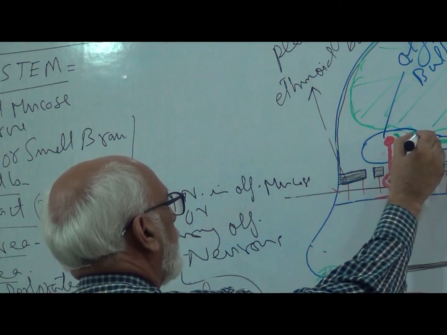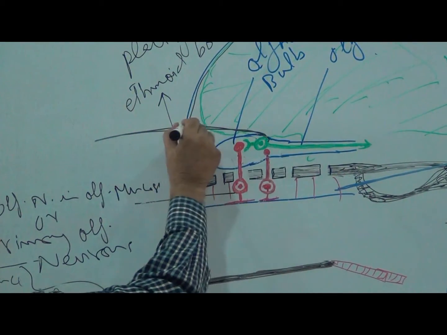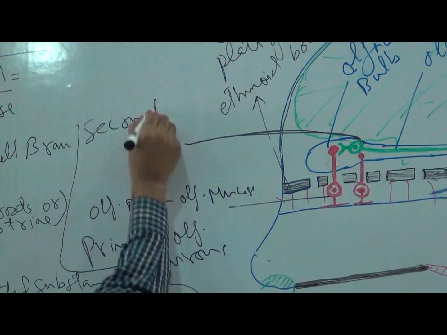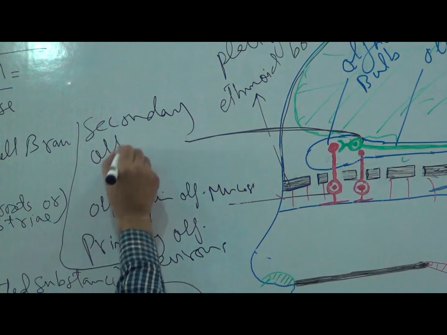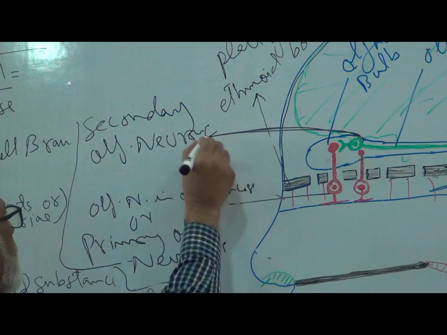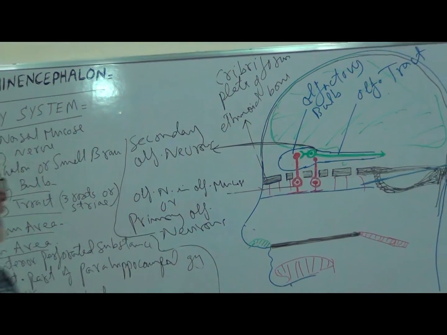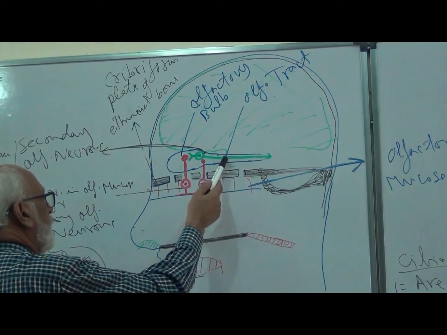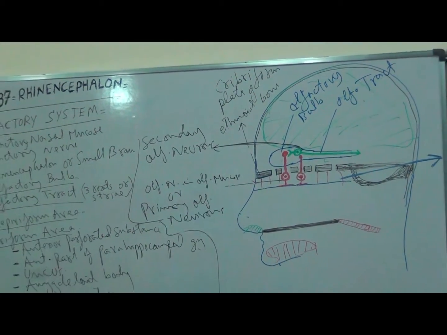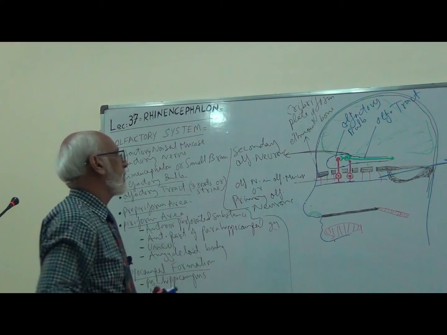Then these olfactory neurons, which start in the olfactory bulb, are known as secondary olfactory neurons. And the axons of the secondary olfactory neurons form the olfactory tract, then different striae, and then enter different parts of the rhinencephalon.